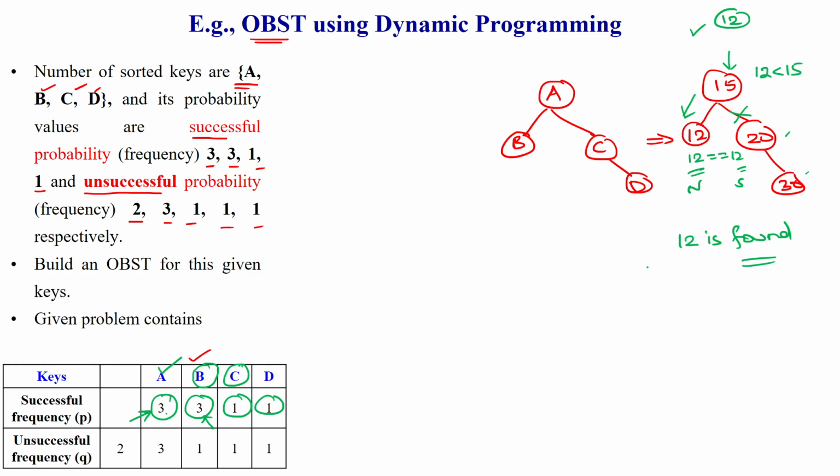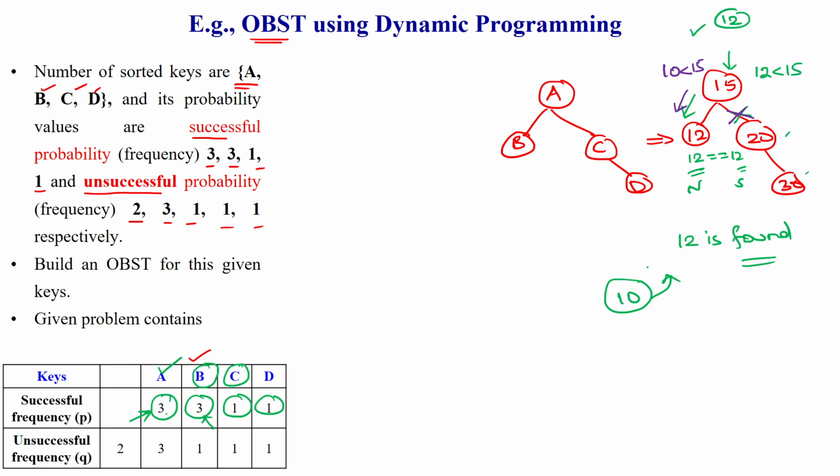So like this, suppose I give the value 10. Is 10 available or not in the given binary search tree? So what will happen? 10 will be compared with the root value initially. 10 is less than 15, so the right subtree will be ignored, and we get into the left child.